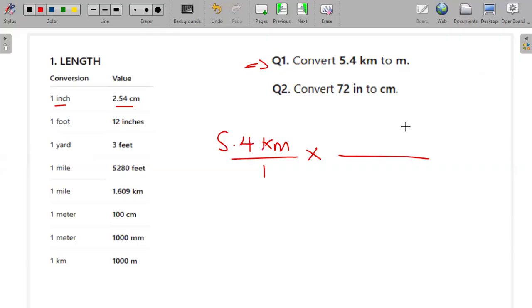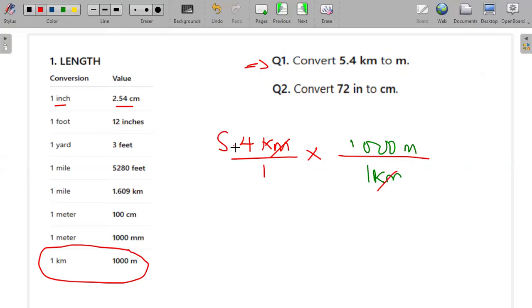The conversion factor that relates meters to kilometers is this one down there. We know that 1 kilometer is equal to 1,000 meters. So since the kilometer is on top here, I'll put the one that has a kilometer down. So that would be 1 kilometer is equivalent to 1,000 meters. So that the kilometer and the kilometer cancel out.